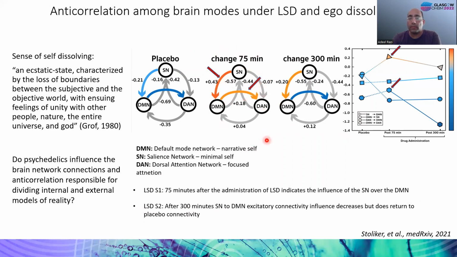The middle one here is the peak effects, and these are the later effects. At the peak effects, apart from the salience network having a large impact on the DMN, there is also an impact of the DMN on the dorsal attention network, and this goes down again, not to the same level as placebo, but very near to that.